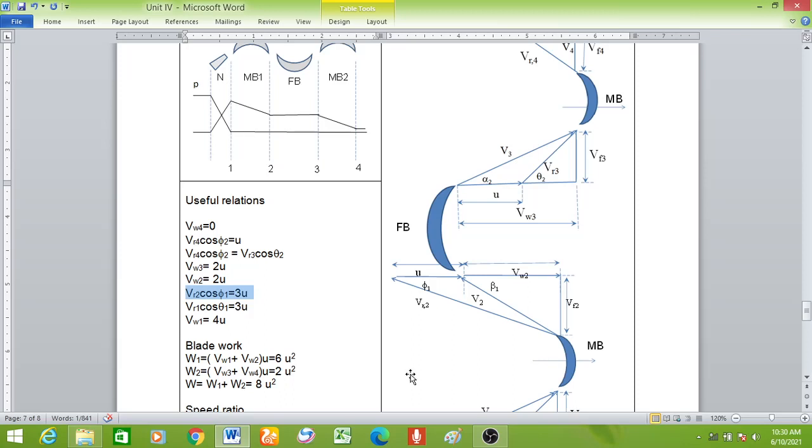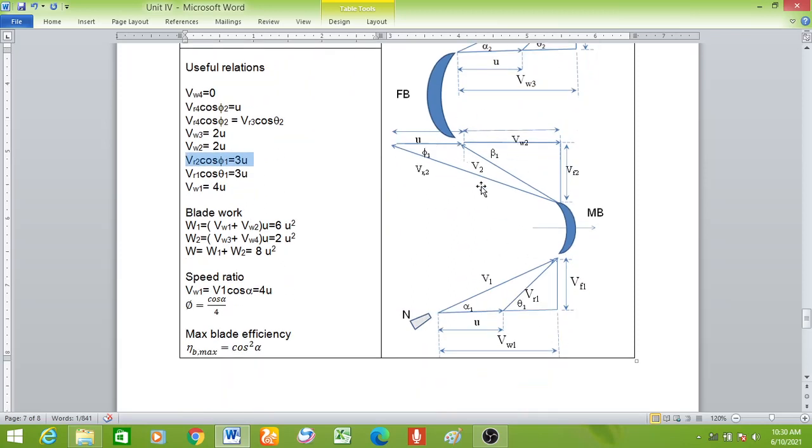Again, we are talking about the outlet of the first set of moving blades. Since it is an impulse machine, the relative velocity remains constant in the moving blade, which means Vr1 must be equal to Vr2. And for the same reason, zero axial thrust, Vf1 must be equal to Vf2, which means the blade angle at inlet theta 1 must be equal to the blade angle at outlet phi 1.